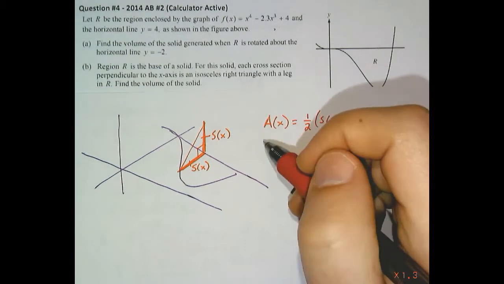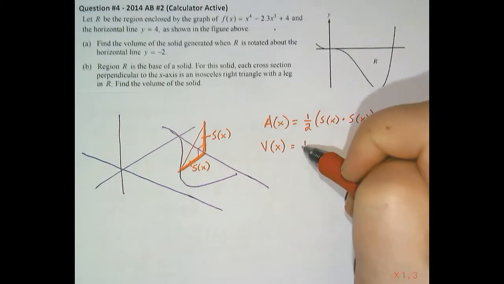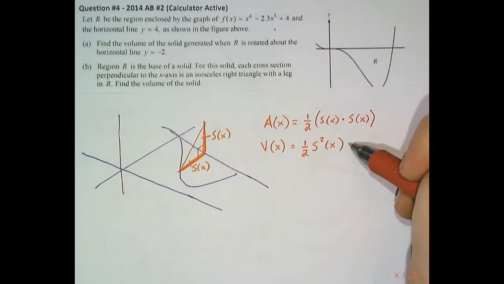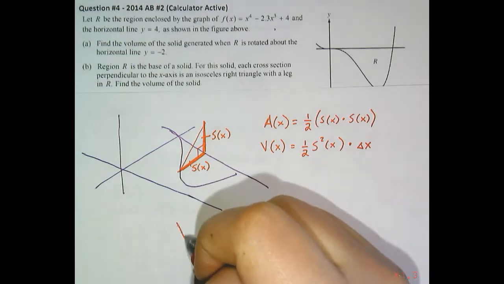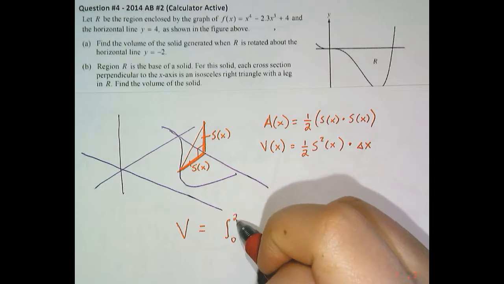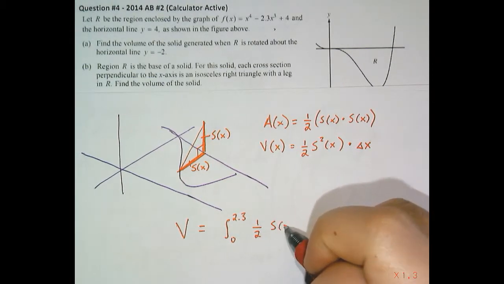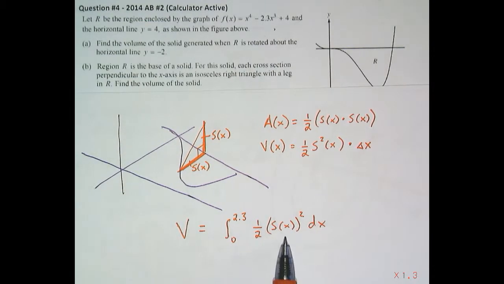If we are going to make a volume out of that, the volume of one triangle is going to be the area of the triangle times delta x. And if we're going to do the volume of the entire region, we're summing up from 0 to 2.3, 1/2 S of x squared dx. This is probably slightly easier to read than that one there, but S of x quantity squared.